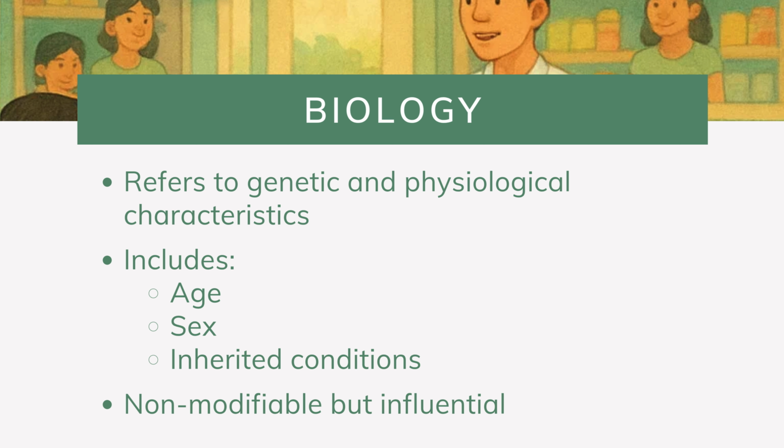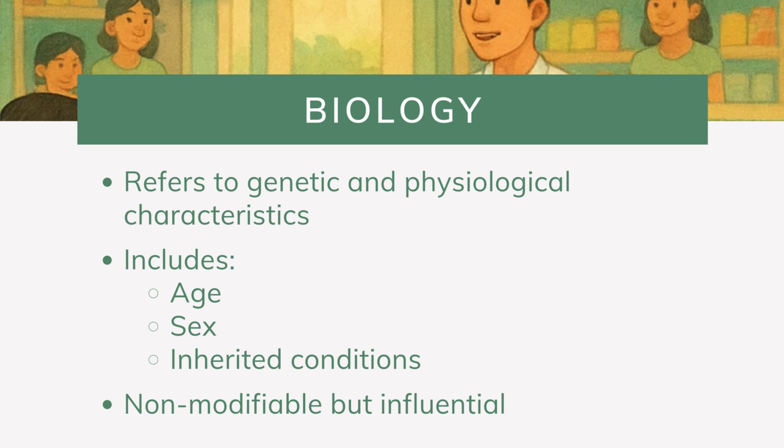These also include inherited conditions. Some families pass down conditions like asthma, diabetes, or even rare blood disorders. In some parts of our country and in the world, there are regional genetic disorders.